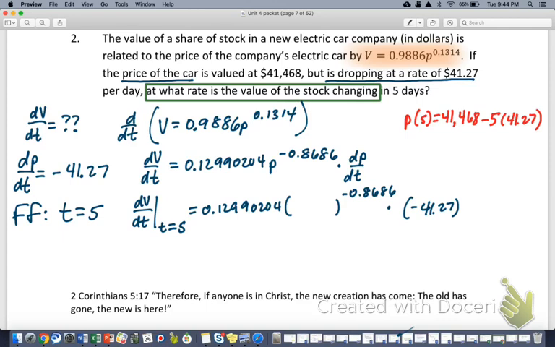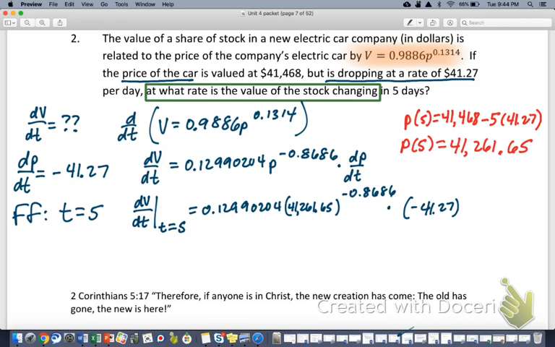And so this ends up being $41,261.65. Okay, so that's actually the number that I want because that is the price of the car at the freeze frame moment. So that's what I'm going to be putting in my calculator.